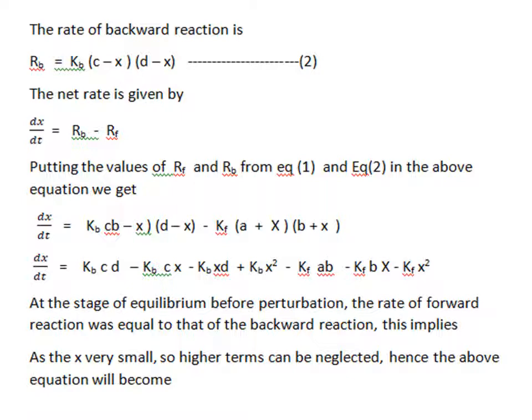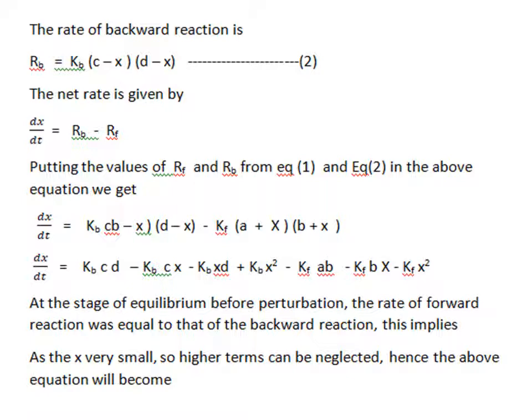Now, dear students, once again, the rate of backward reaction is RB, that is equal to KB into C minus X into D minus X. This is equation number 2. The net rate is given by dx over dt, that is equal to RB minus RF.